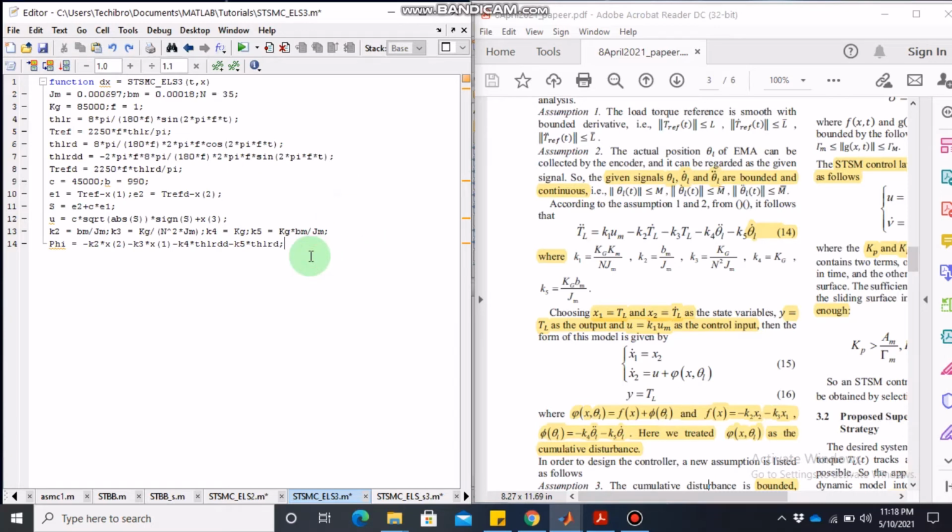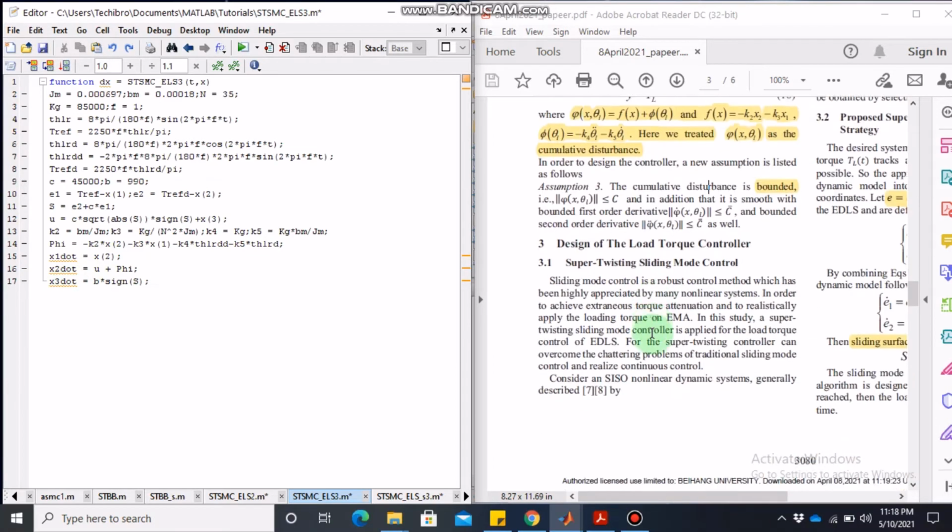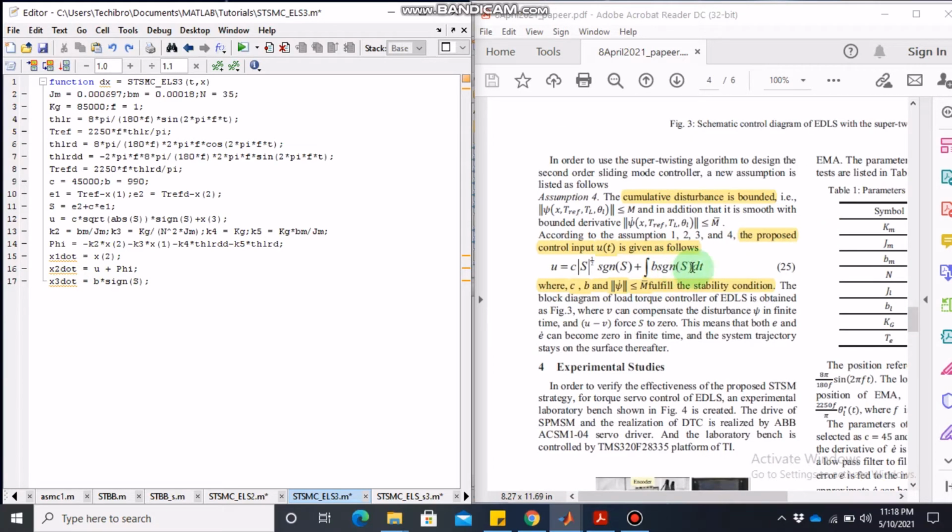Then we have the dynamics: x1 dot is equal to x2, x2 dot is equal to u plus phi, which we have already defined, and finally x3 dot, which is the integrator state of the control, would be b times the sine of s. Then finally we define dx, which is the output of this function.